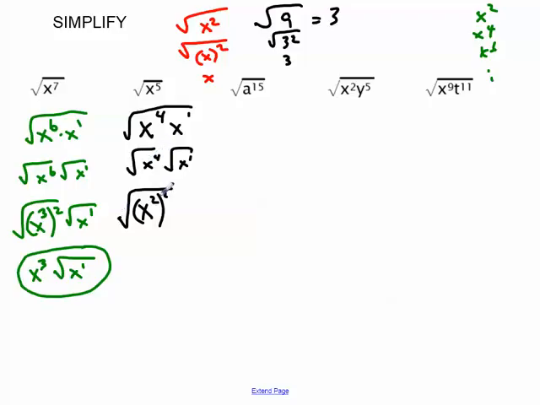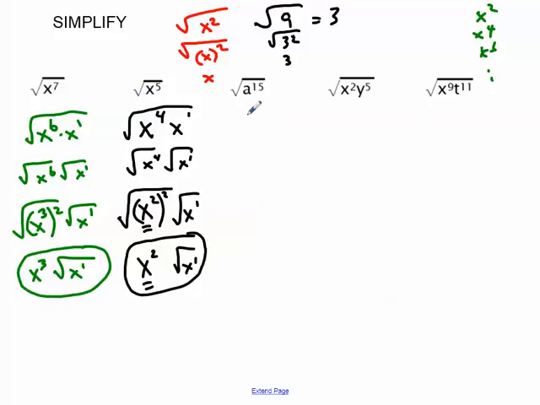Square root of a perfect square means the base comes outside the house. x squared comes outside the house. And the square root of x to the first comes along for the ride because he's still inside the house. And there's our answer. We've simplified this by rewriting x to the fifth as a perfect square times something else.